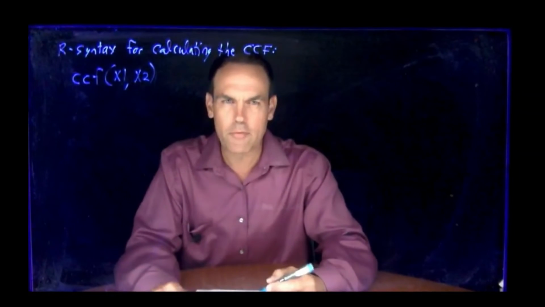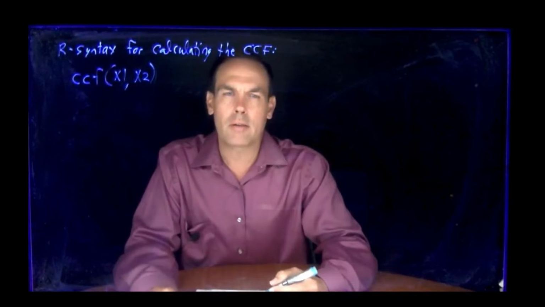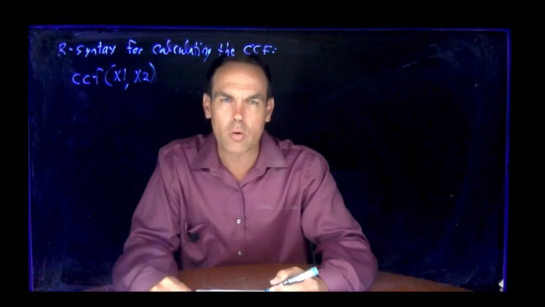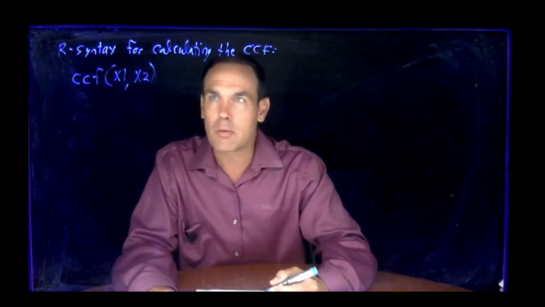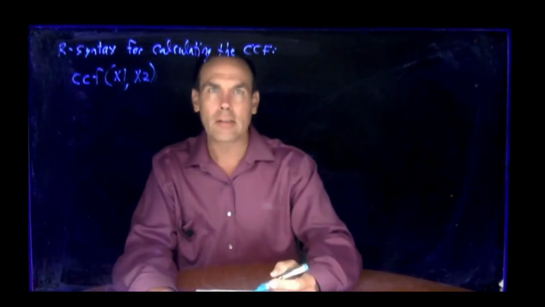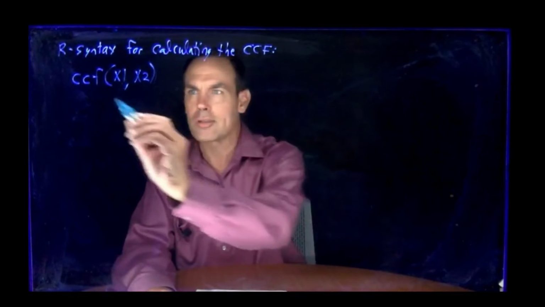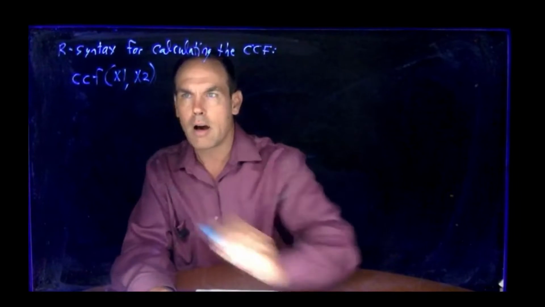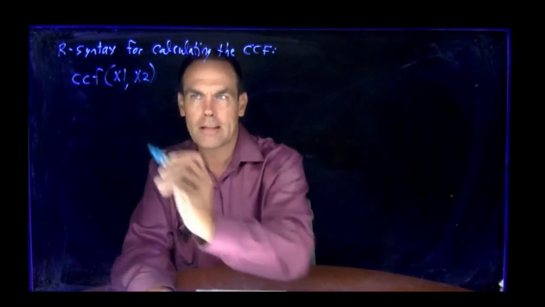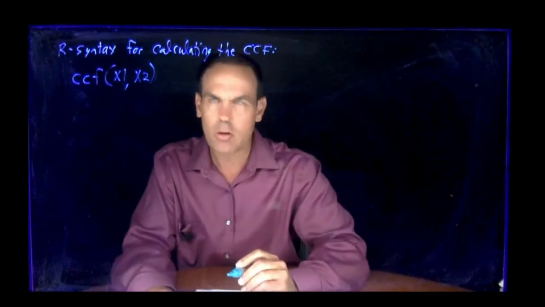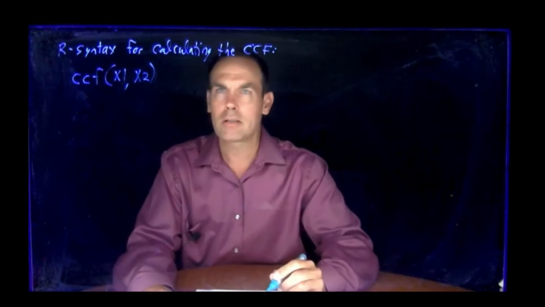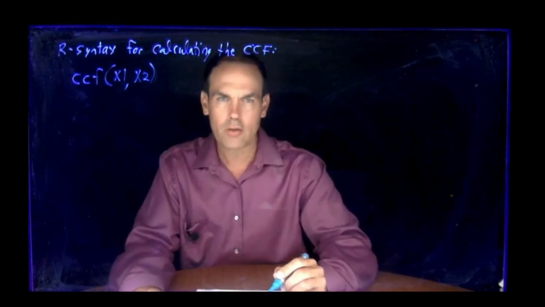Okay, as we mentioned before, let's talk about the way to calculate the cross-correlation function by using R. It's very simple. You'll see right away here the R syntax for calculating the cross-correlation function is just CCF of variable 1, we'll call it x1, comma, second variable, x2. And that calculates your cross-correlation function.